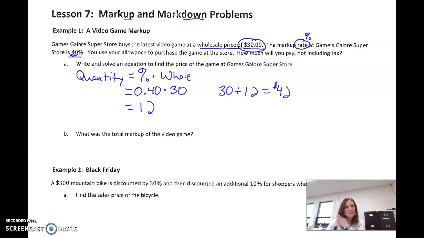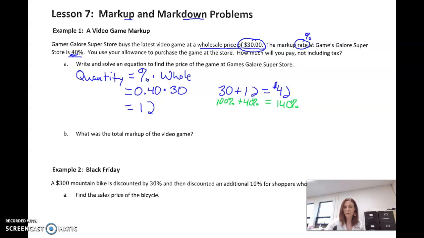Now I said it doesn't really compare to 100%, but it kind of does if we think about it differently. Because remember that the Game School is making 100% of their money back when you give them $30. And then they're making an additional 40% when you pay them that $12. So this $42 really represents 140% of the original price.